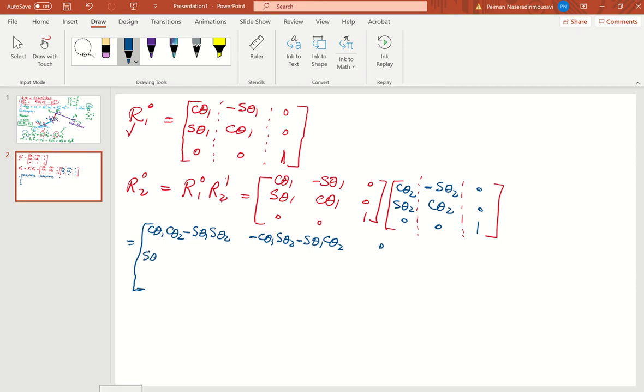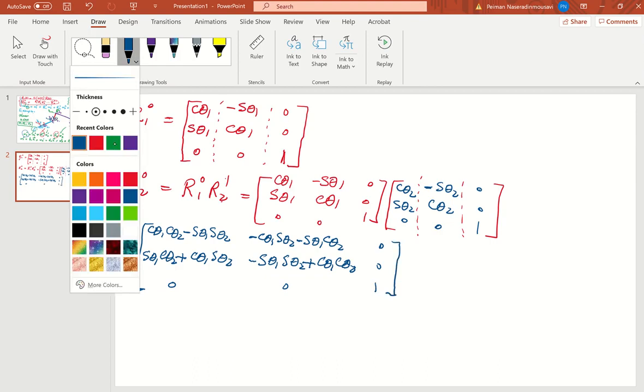Sine theta 1 cosine theta 2 plus cosine theta 1 sine theta 2. Now the next, minus sine theta 1 sine theta 2 plus cosine theta 1 cosine theta 2, and again it is going to be 0. And finally 0, 0, 0, 0 and 1.